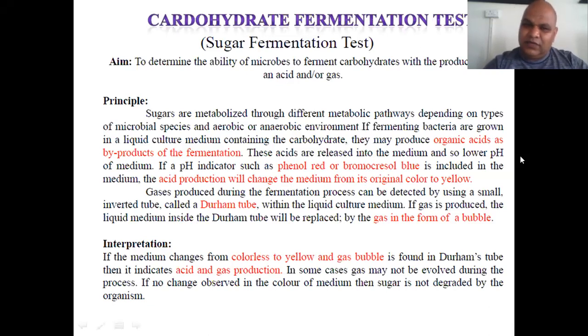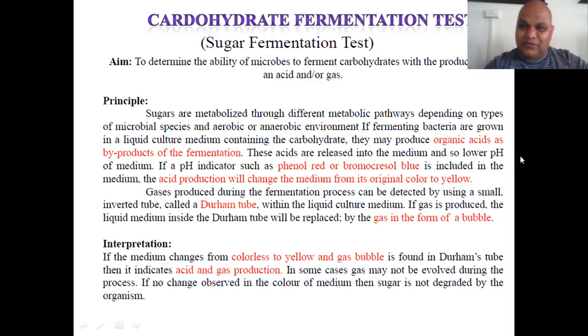When we check for the presence of microbes in a specific media which is rich in carbohydrate, we have to perform certain tests. Here the carbohydrate is the metabolite on which the bacteria act as a ferment, and they convert that particular glucose into an alcohol, and then that alcohol gets oxidized and changes into an organic acid.